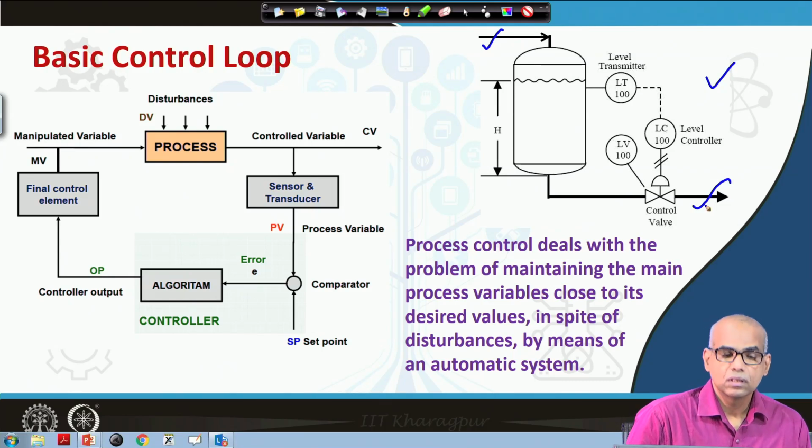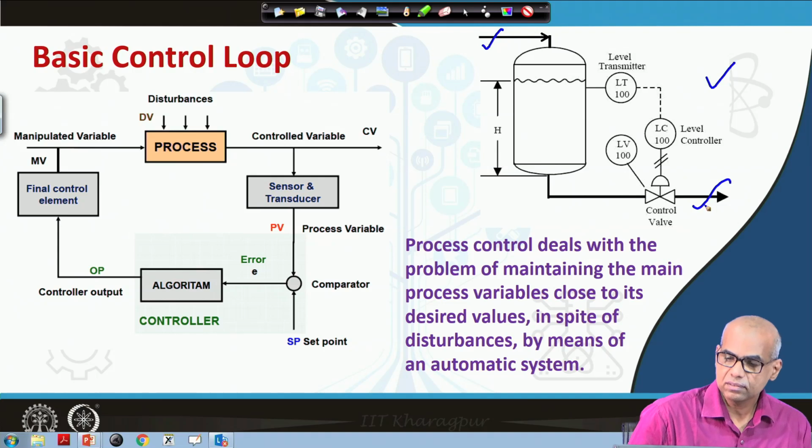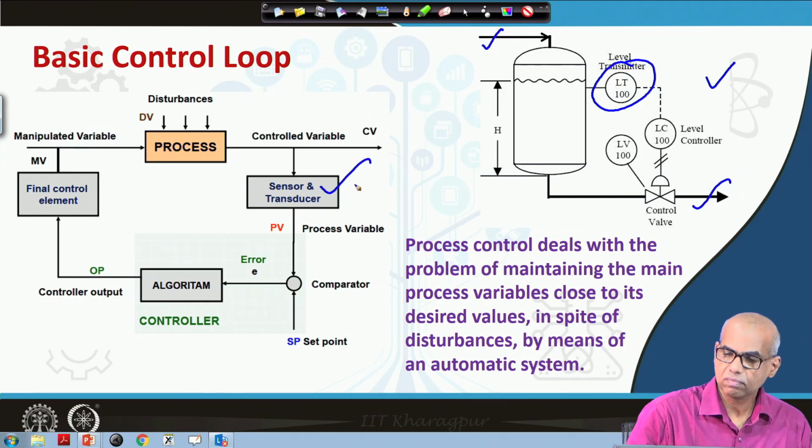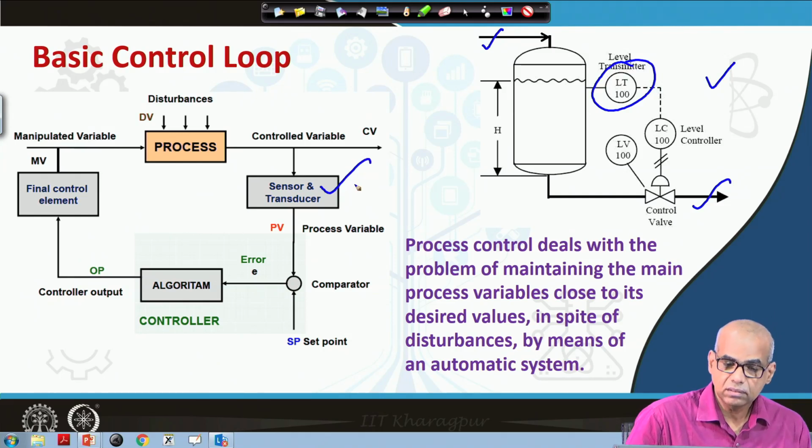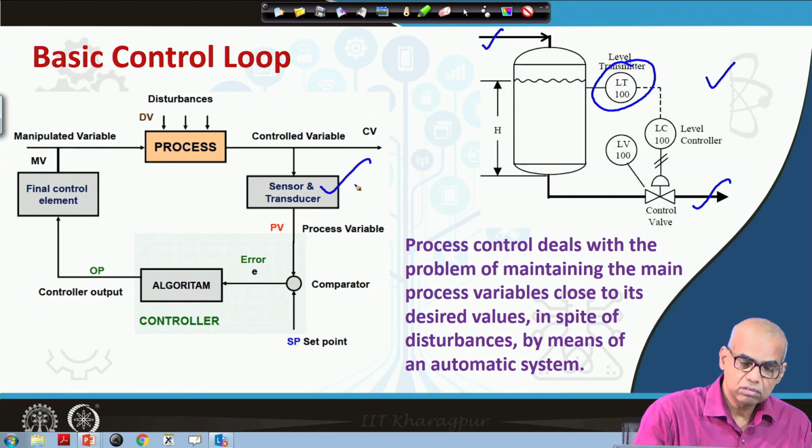So, what you do here is, suppose you want to maintain the level of the liquid in the tank. You measure the level using a level transmitter, then you compare it with your target value.